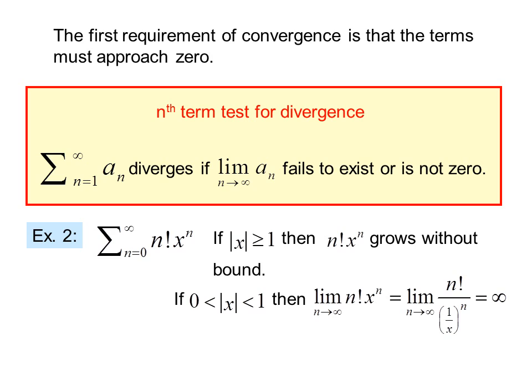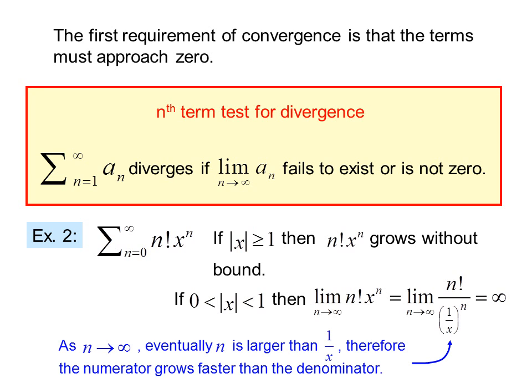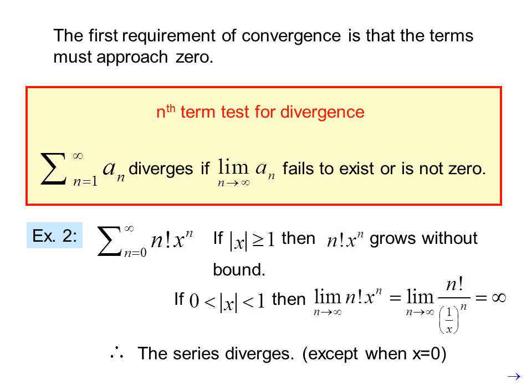If the absolute value of x is between 0 and 1, then the limit as n approaches infinity of n factorial x to the n equals the limit as n approaches infinity of n factorial divided by 1 over x to the n, which equals infinity. We know this because as n approaches infinity, eventually n is larger than 1 over x, therefore the numerator grows faster than the denominator. Therefore, the series diverges, except when x equals 0.